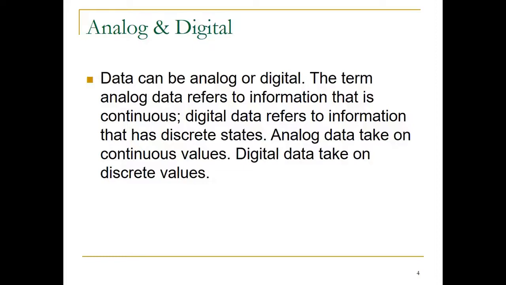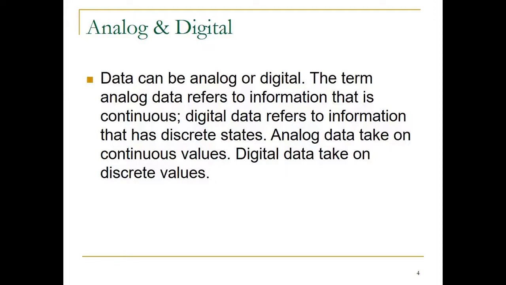And then when it's digital, which is much more of a discrete state, taking on discrete values. So if signal is in a digital form, then that discreteness will apply to its values, or to its states.